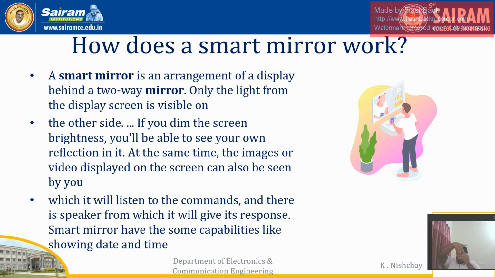If you dim the screen on one side, you can see your own reflection from the other side. The same happens if you dim the screen brightness: you will be able to see your own reflection in it.